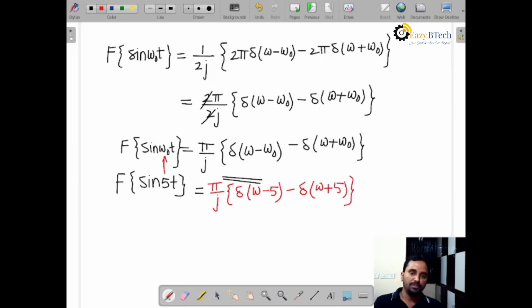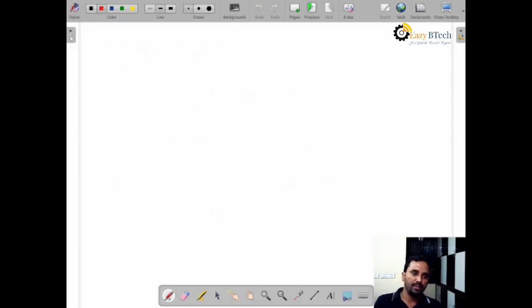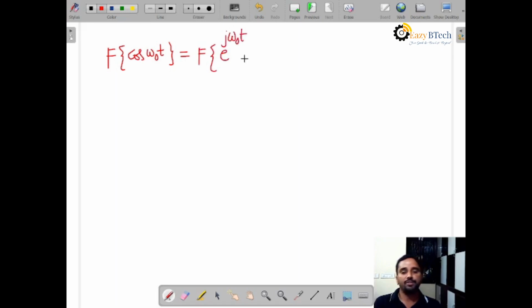Next we can do the cos function Fourier transform: the Fourier transform of cos omega naught t. First we write the cos function in terms of exponentials: e power j omega naught t plus e to the power minus j omega naught t, by 2.